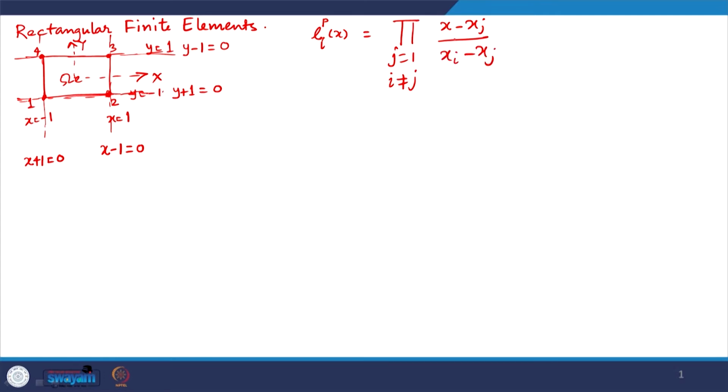So, essentially the equation of line, zeros of individual grid lines. So, x is equal to x j, and the equation of that grid line would be x minus x j is equal to 0. So, I multiply with that and normalize it with that particular expression evaluated at the node I, x is equal to x I, and then take the product.